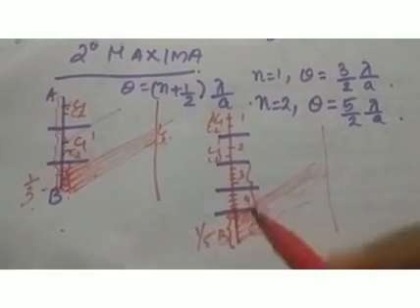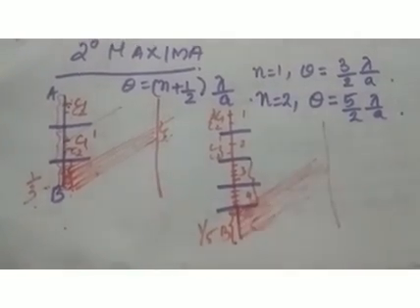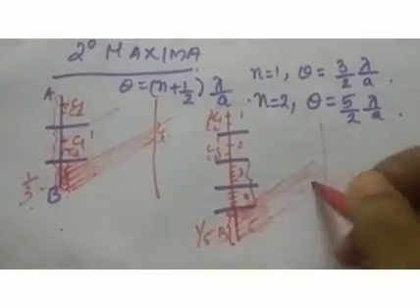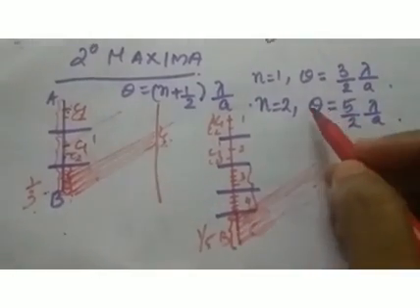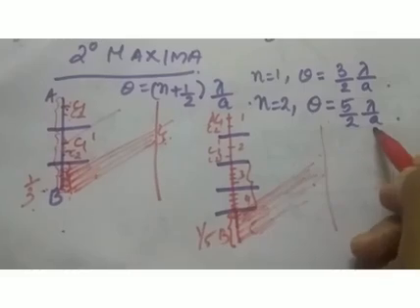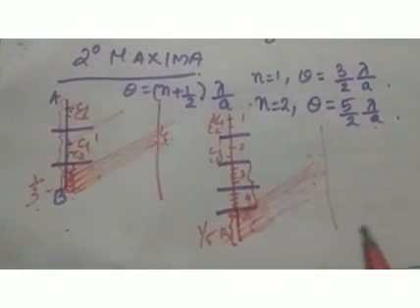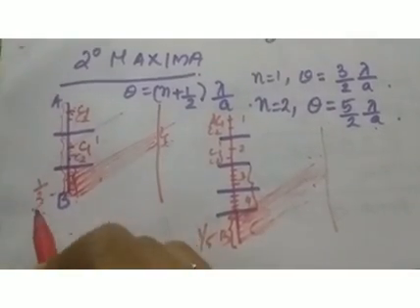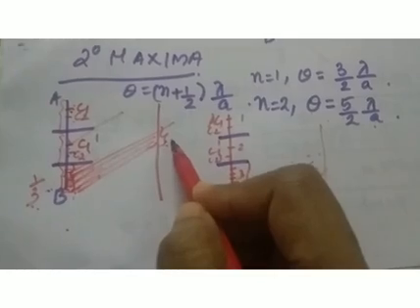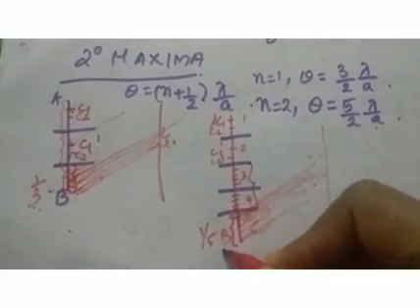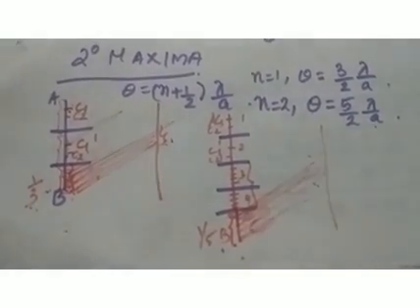So secondary maxima is obtained on the screen. When theta is equal to 5/2 lambda by a, secondary maxima is obtained. But what is the problem? Here 1/3 of the slit contributes to the brightness, but here only 1/5 of the slit contributes to the brightness or intensity.